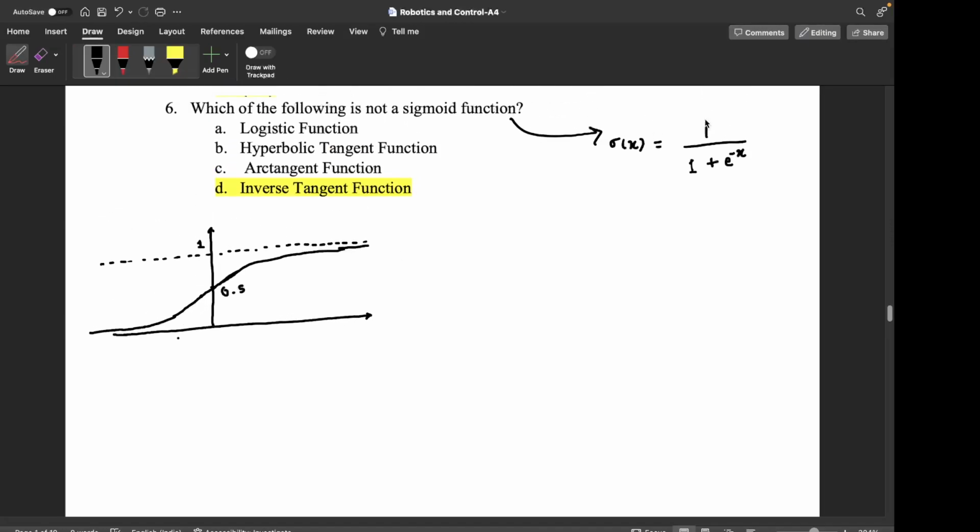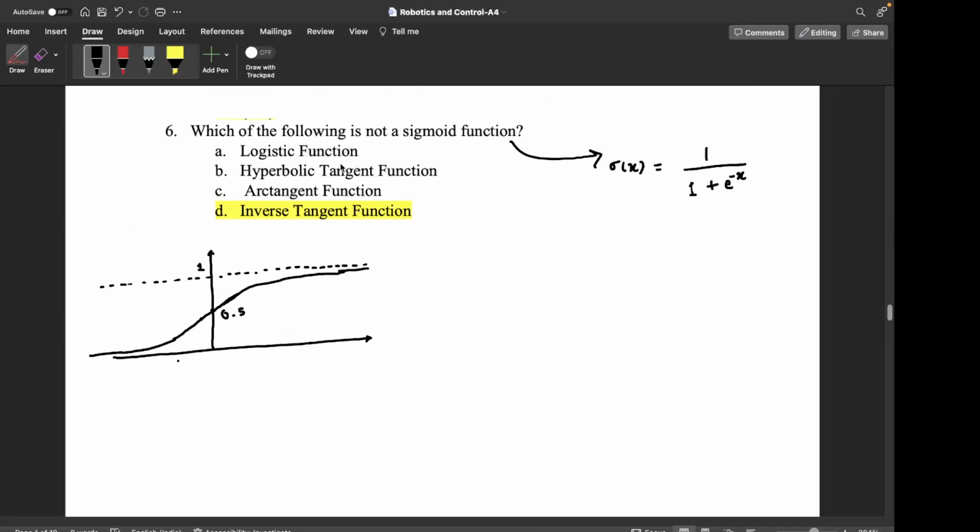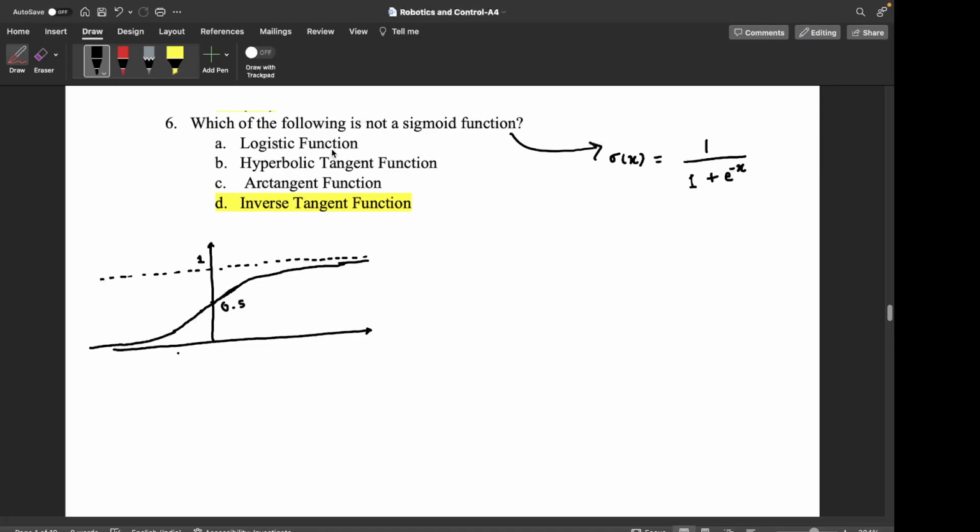So this is the actual sigmoid function, but a few different functions also have a similar trend, and those are also called sigmoid functions. What we need to say here is which of the following is not a sigmoid function.